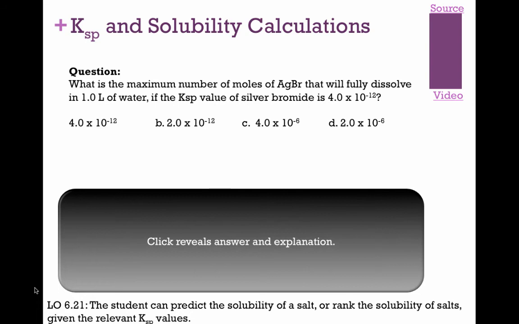So looking at this, it says what's the maximum number of moles of AgBr that will fully dissolve in 1 liter of water if the Ksp value of silver bromide is 4 times 10 to the negative 12. Start by writing your reaction. I have AgBr. That's a solid. If they give me Ksp, what arrow should I use? Double arrow.